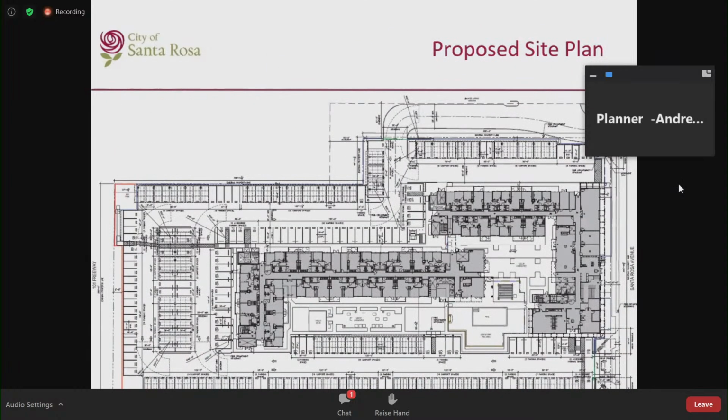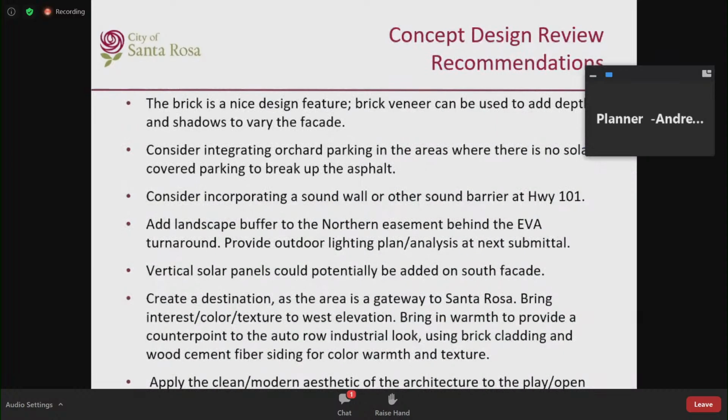So for this project, previous slide, please. So this project, pre-application concept design review was required by the Design Review Board. And during that concept review, the Design Review Board offered the following recommendations. They felt that brick veneer could contribute to depth and shadow on the facade.